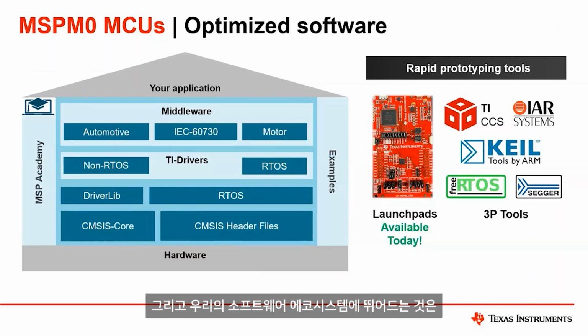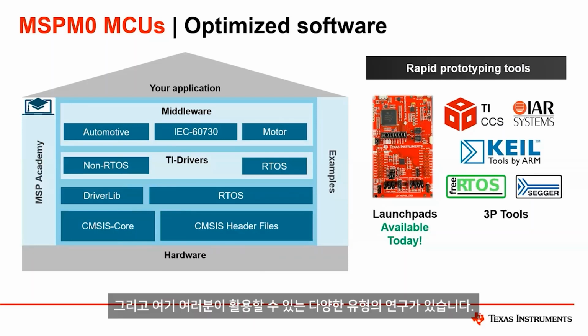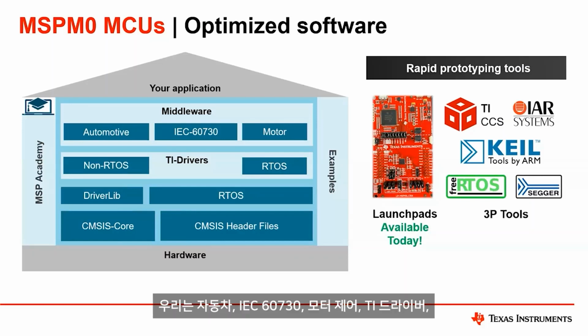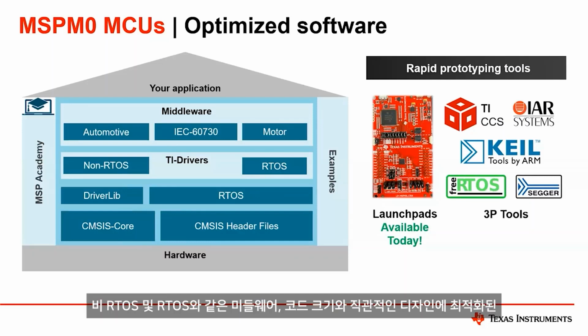Diving into our software ecosystem, we can see both of these diagrams. On the left, we've created a toolbox: this is your application, and here are all the different resources that we have for you to utilize. We have middleware such as automotive, IEC 60730, and motor control, TI drivers, non-RTOS and RTOS, and different driver libraries, which are optimized for code size and intuitive designs.